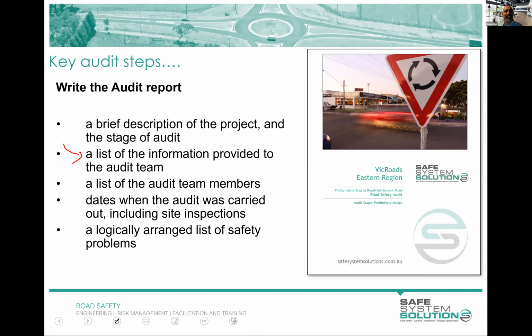But you're in that project now as a person providing safety advice. And should something go wrong and you find yourself in court being questioned about the road safety audit and why things weren't picked up, you want to be pretty clear on what you looked at and show in your report what you looked at.